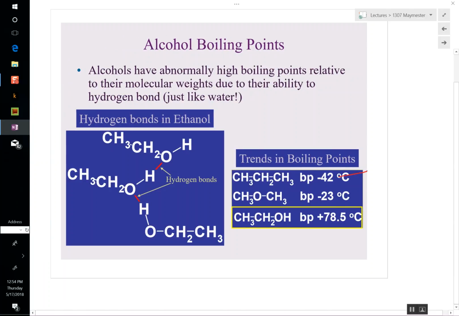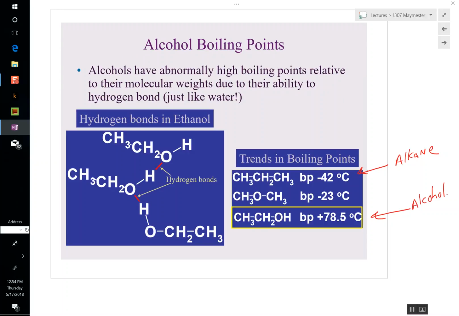Okay, now compare this. We've got an alkane right here. To this, we have an alcohol. I'm skipping the one in between. We haven't even introduced these yet. But look at the difference. There's propane.